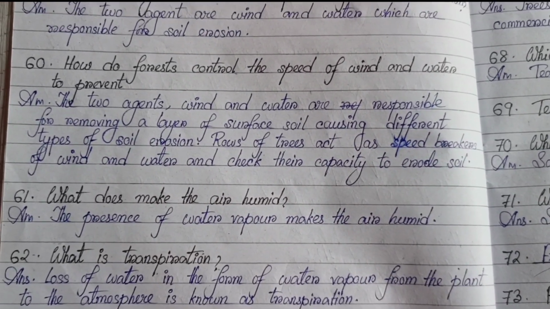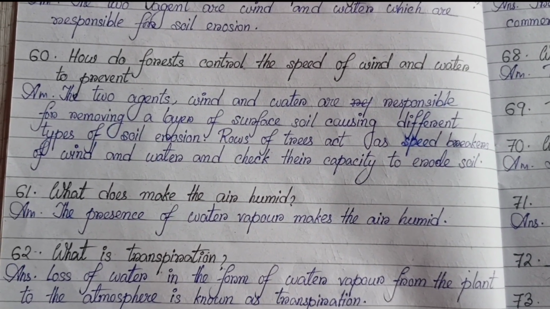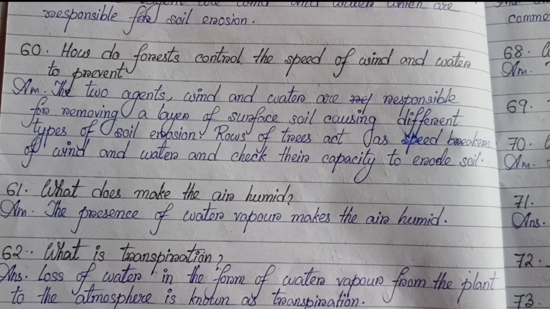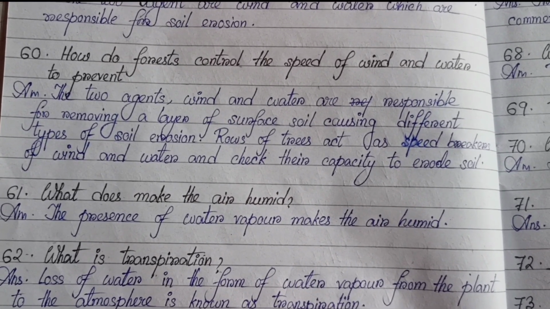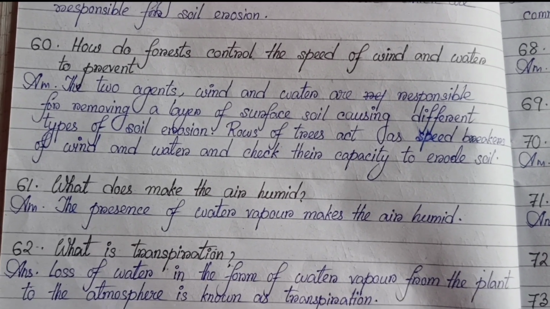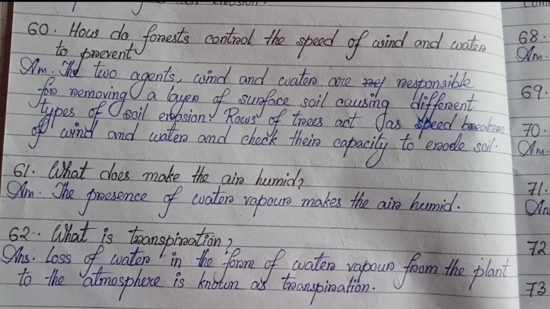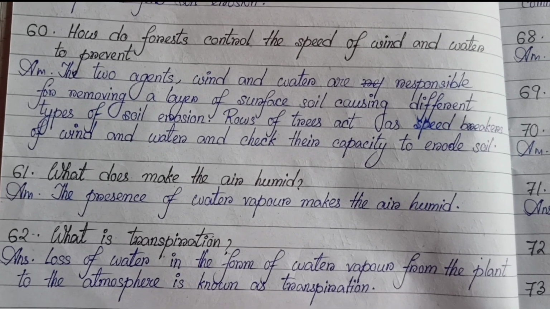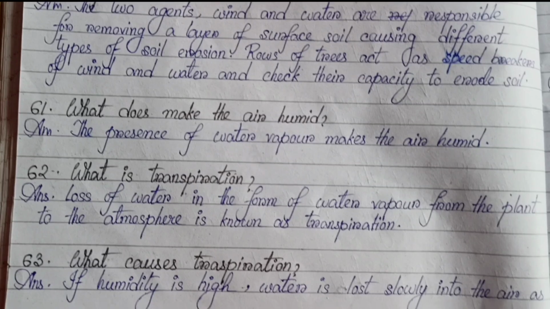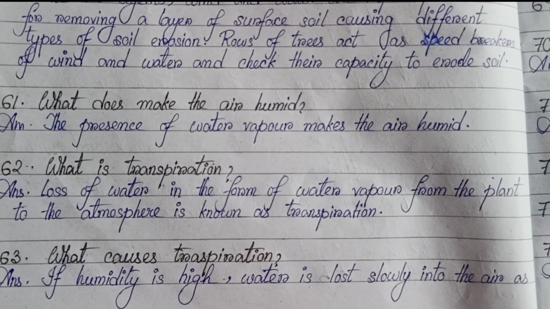60. How do forests control the speed of wind and water to prevent erosion? The two agents, wind and water, are responsible for removing a layer of surface soil, causing different types of soil erosion. Rows of trees act as speed breakers of wind and water and check their capacity to erode soil. 61. What makes the air humid?